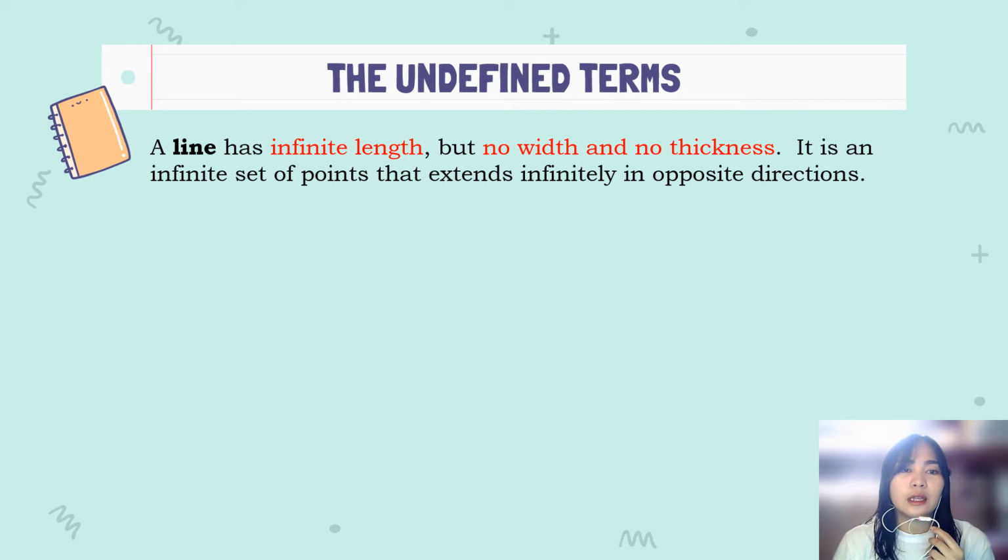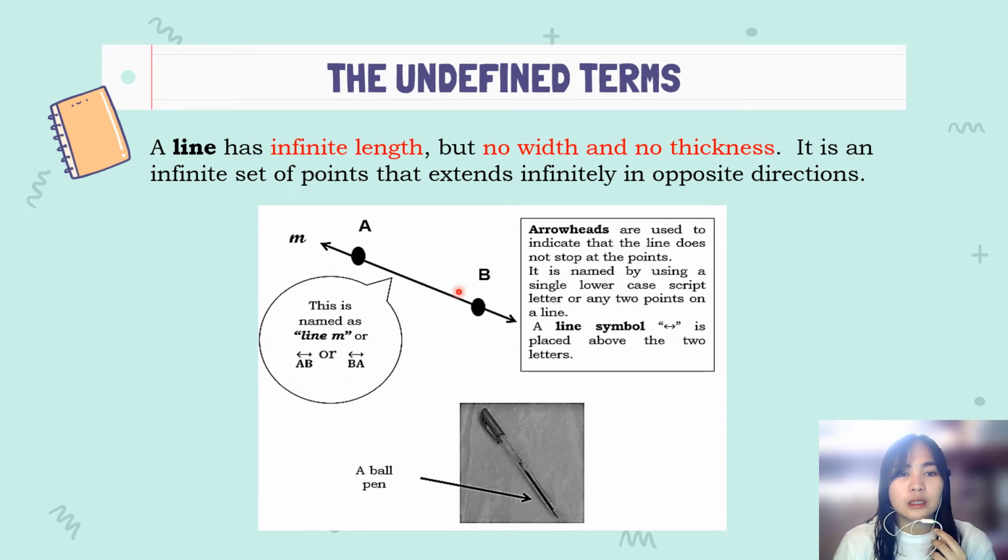Next one is a line. A line has infinite length but no width and no thickness. It is an infinite set of points that extends infinitely in opposite directions. This is an example of a line. As you can see, we have two arrowheads here. It means this end extends infinitely, as well as this end.